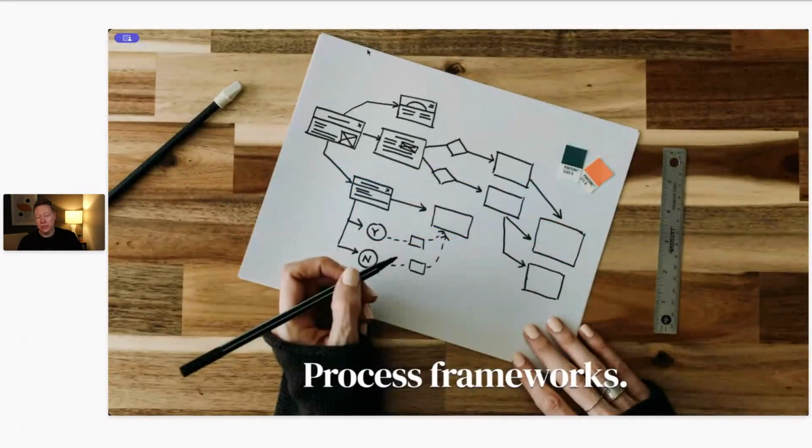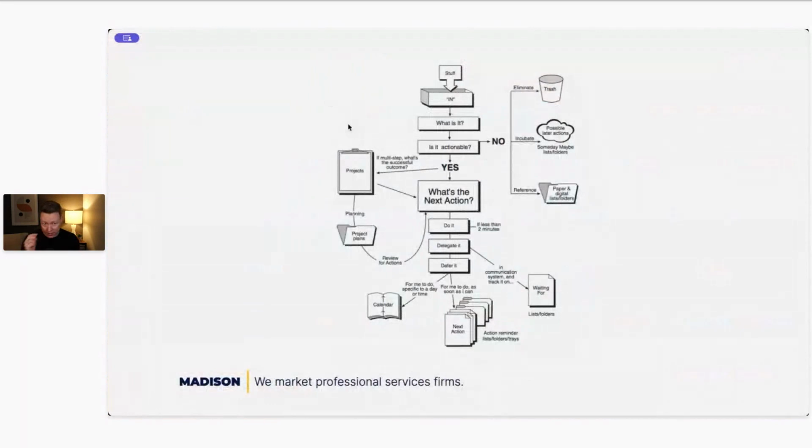Process frameworks. These are frameworks that help you figure out how to do something better. One of my favorites is David Allen's GTD framework. This is his workflow for how to identify and clarify all the amorphous stuff that's going on in your life. If you're familiar with GTD, it's Getting Things Done.